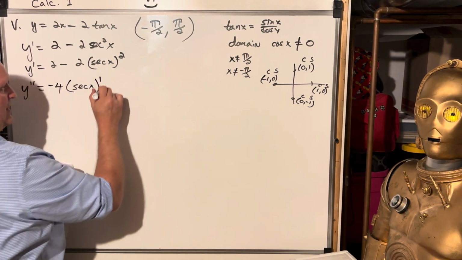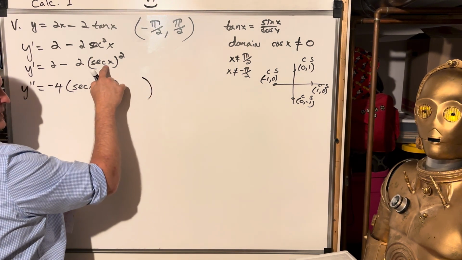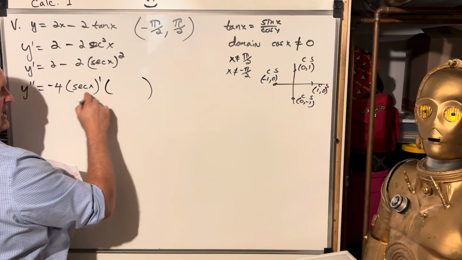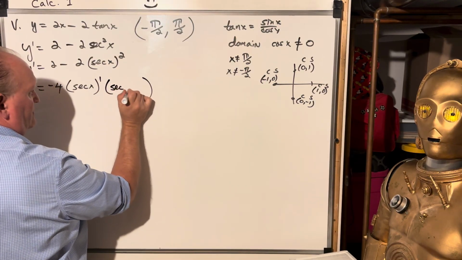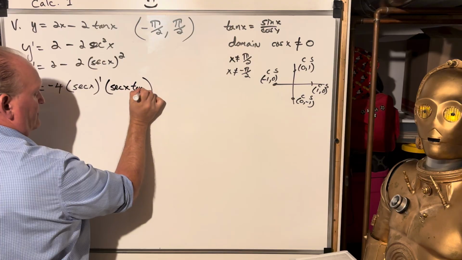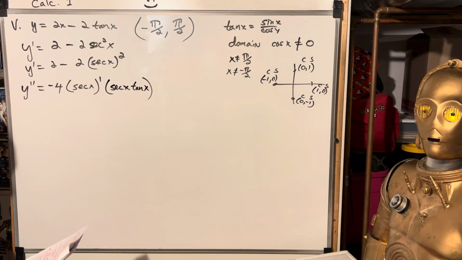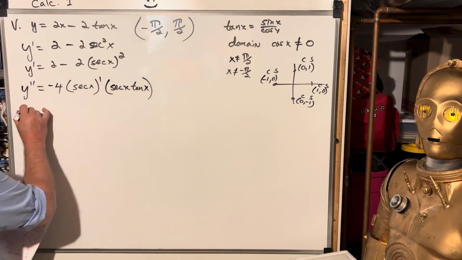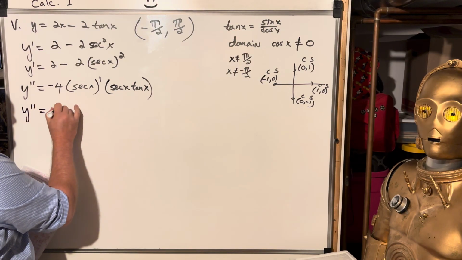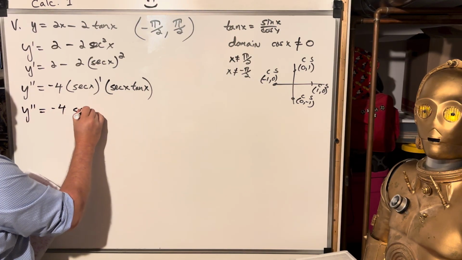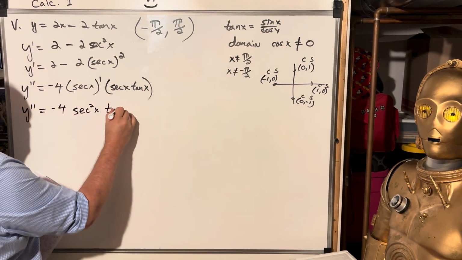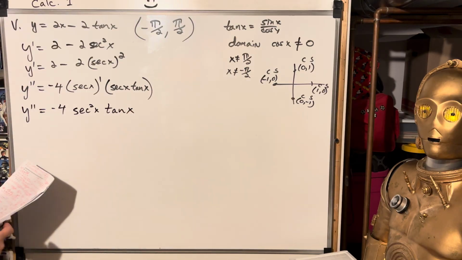But then we have to multiply it by the derivative of what's inside there, and the derivative of secant is secant tangent. Okie dokie, and now clean it up. So y double prime is -4 secant times secant squared x tangent x. And so that's what we're looking at.